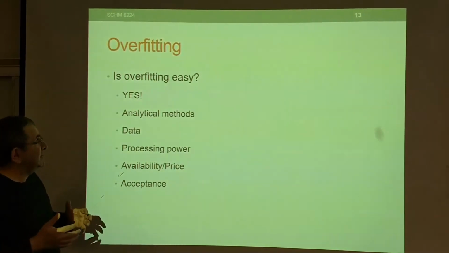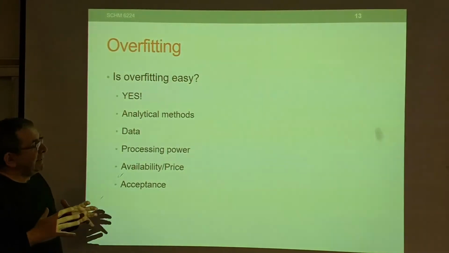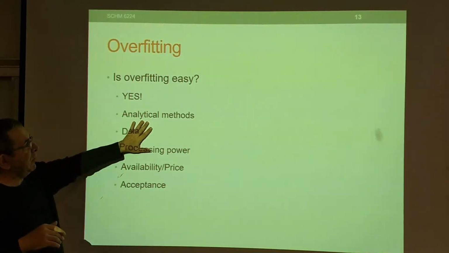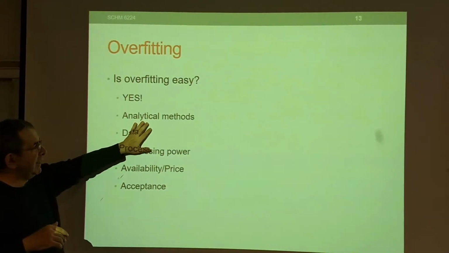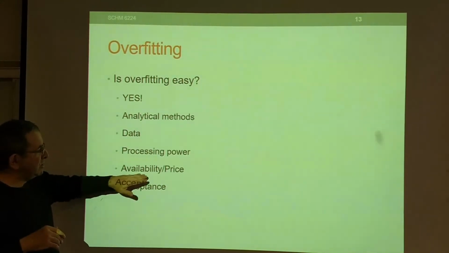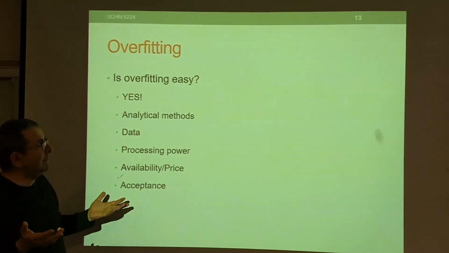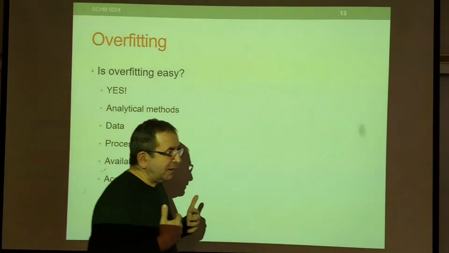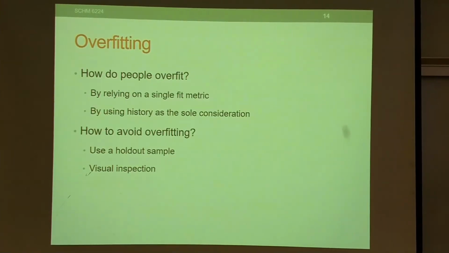So it's very easy to be carried away by a lot of data, by a lot of analytical methods. You don't have to buy expensive hardware. So you need to be aware of the possibility of overfitting.